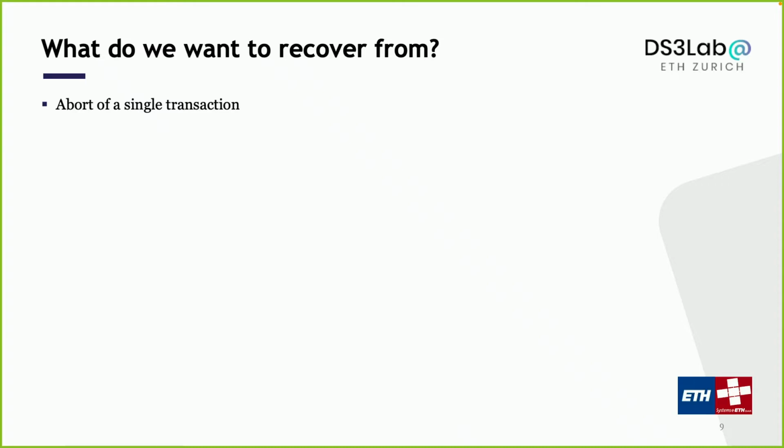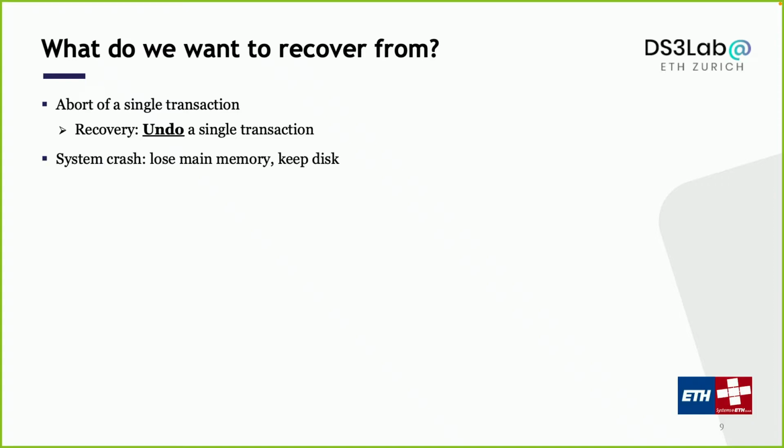For example, whenever we abort a single transaction, we need to undo all the changes of that transaction. This is some type of recovery, right? And then, of course, the system could crash. You could, for example, lose your main memory. Someone pulled the plug of the power, so everything you have in main memory is lost, but your hard drive is fine.